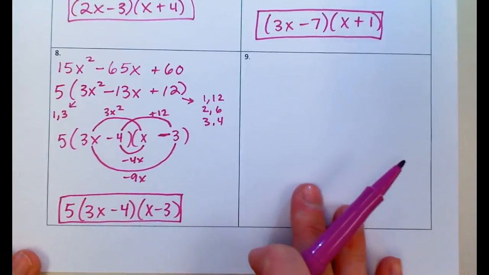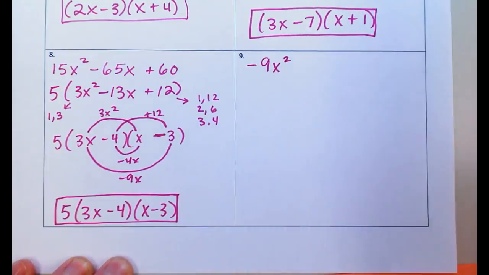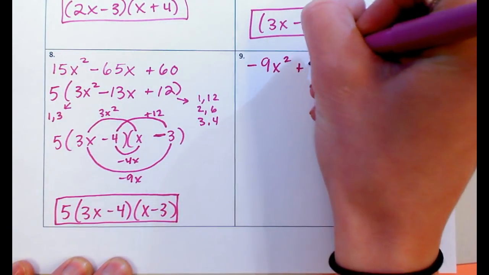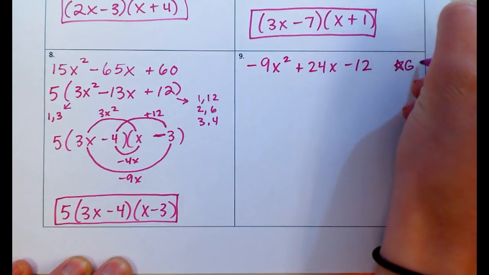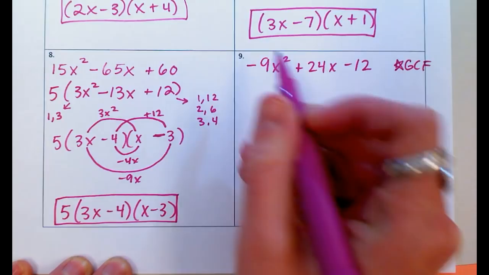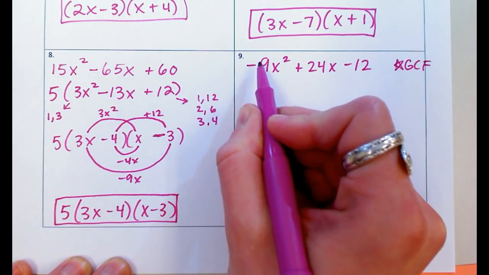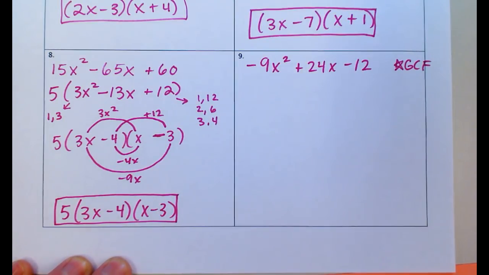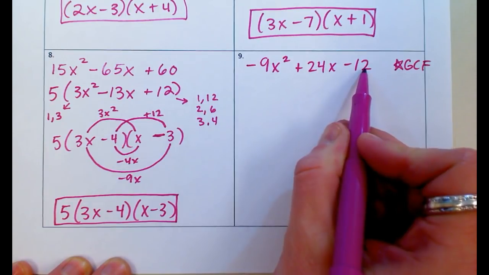All right, we've got one more, and let's wrap this up. We have negative 9x squared plus 24x minus 12. Don't forget about GCF. When the first term is negative, we need to factor out a negative GCF. So the number that's in common between 9, 24, and 12 is 3.